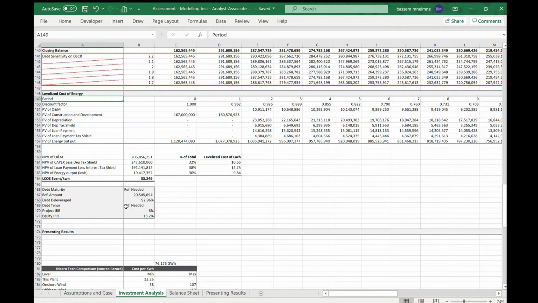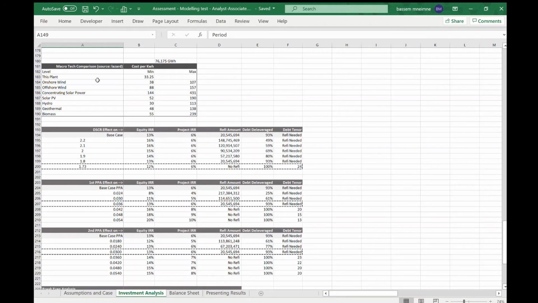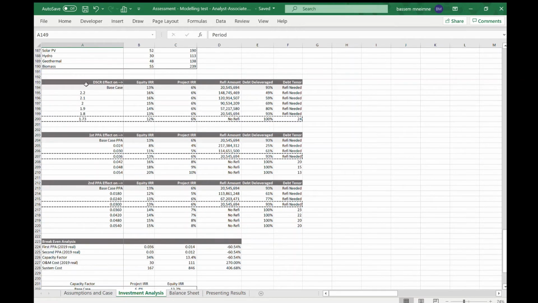Under the levelized cost of energy is where I do all the sensitivities. So I do other data tables. What this data table tells you is, if my DSCR assumption changes, how would it change my equity IRR, my project IRR, my refi amount needed by the end of the operating period, or whether a refi will be needed.